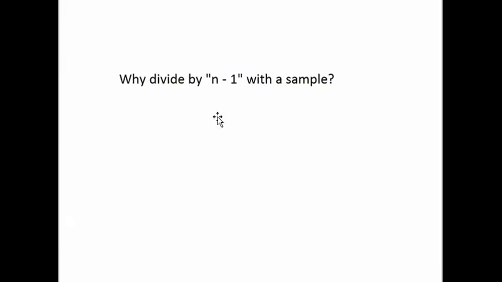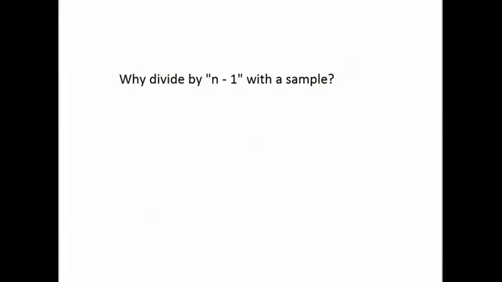And when you calculate the variance and standard deviation of a sample, they actually tend to underestimate what the variance and standard deviation would have equaled if you had used the entire population, if you had collected data from all population members.